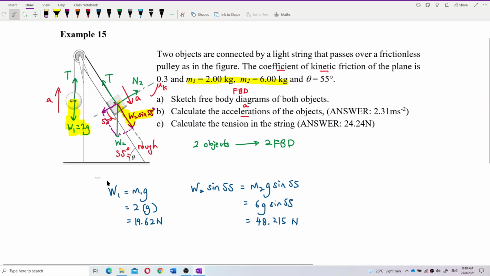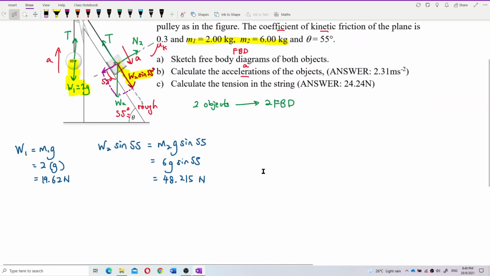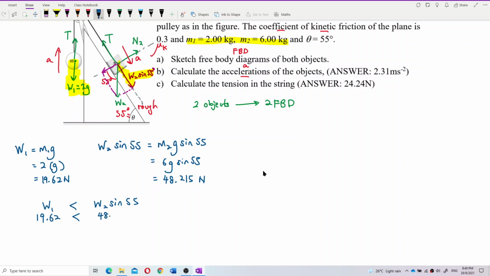So from here we can see which one is bigger. The weight 1 is smaller compared to weight 2 sine 55, because weight 1 is only 19.62, but the weight 2 sine 55 is 48.215 Newton. This one is 19 Newton, this one is 48 Newton. So this one is much bigger.